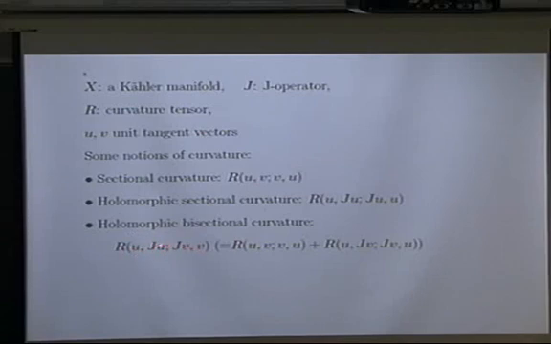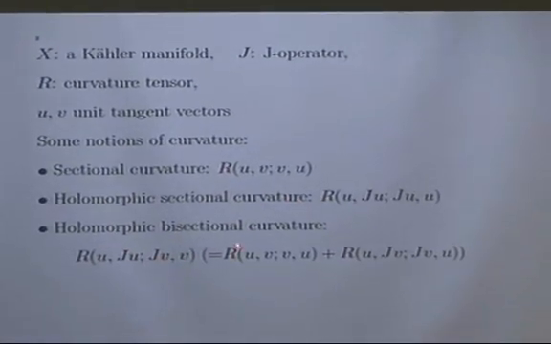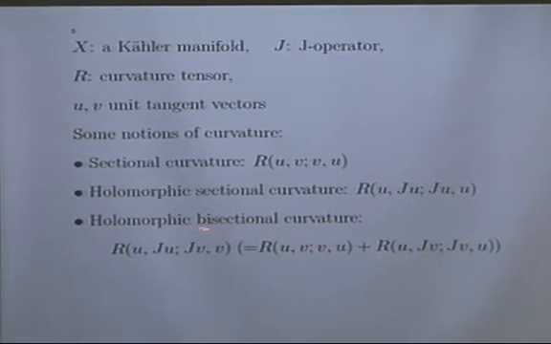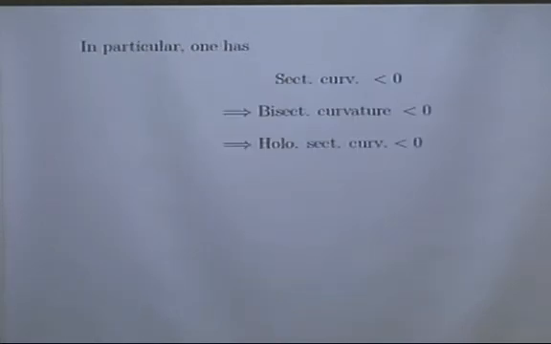So in particular, if U is equal to V, then you get back the holomorphic sectional curvature. On the other hand, it's also equal to a sum of two sectional curvatures spanned by U, V, and U, JV. That is why it is called bisectional curvature: it's essentially a sum of two sectional curvatures. So if the sectional curvature is negative, then the bisectional curvature is also negative.